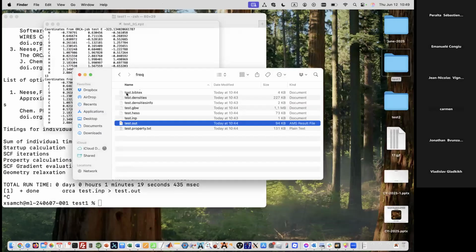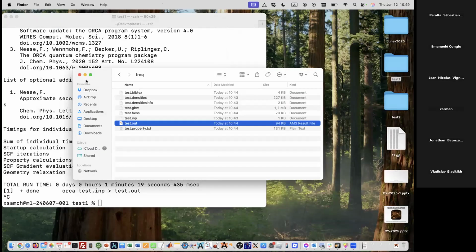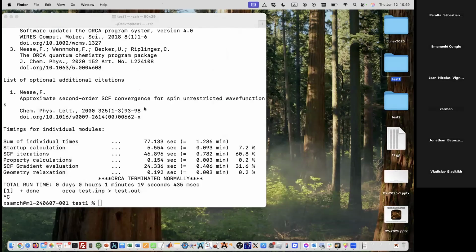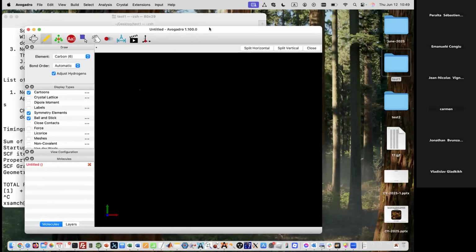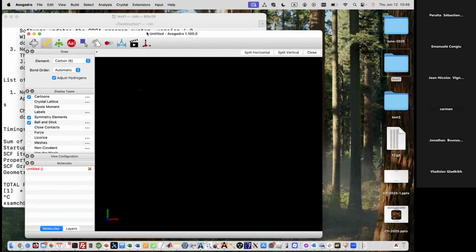Now you are free to create any molecule and run a simple optimization. For example, let's assume you want to create a molecule from scratch and want to run a computation, and then I will show you how to do it. So starting Avogadro software, you can create molecules.